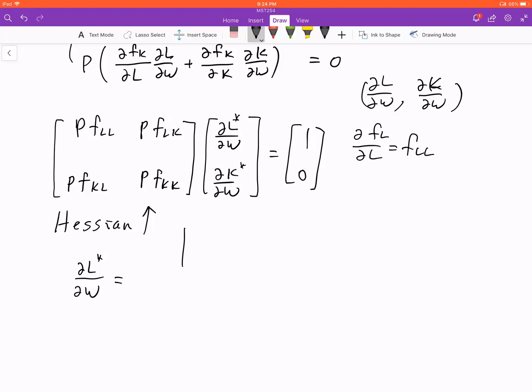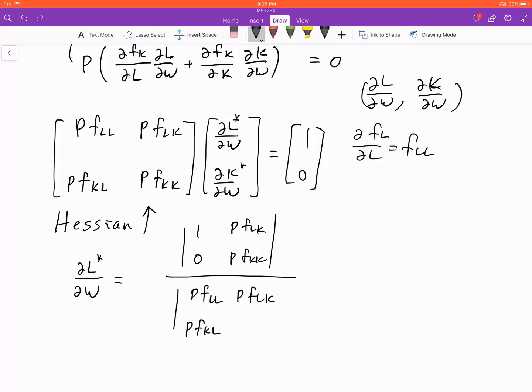You replace the first column by 1, 0, and then copy the second column, P f_KK. And then put the determinant of the coefficient matrix at the bottom, P f_LL, and P f_LK. And here then P f_KL, and P f_KK.